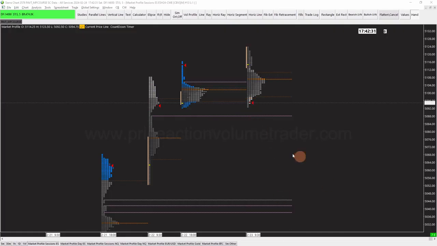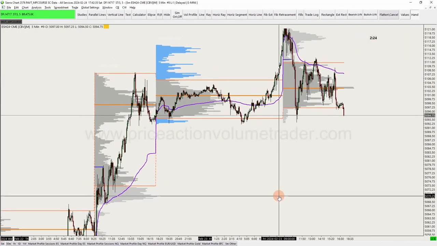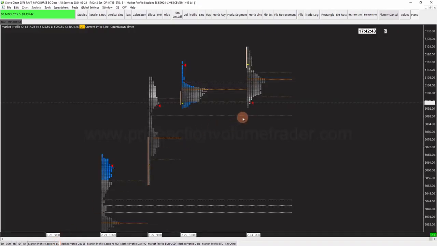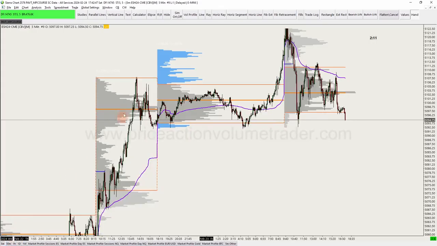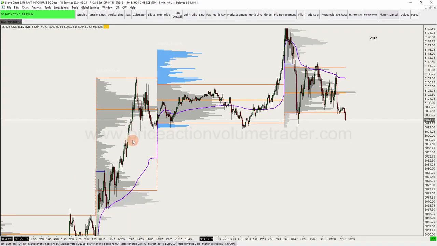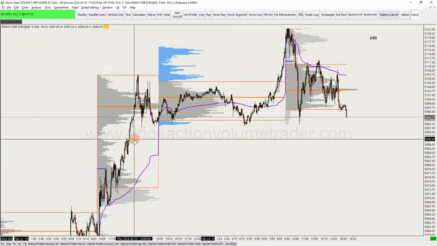So if we go into an intraday chart, right over here, we can see that single would correspond to 5,088, which would be right over here. 5,088.